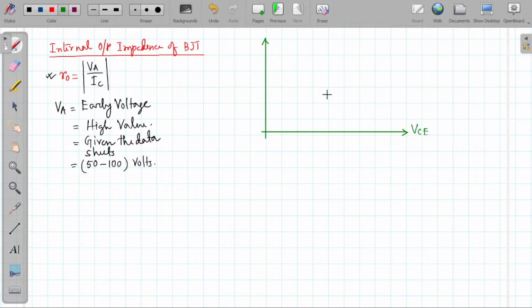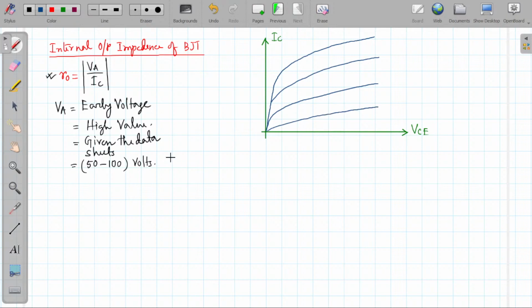It will be VCE versus the collector current. And if you remember the graph, it looks like this. Similarly, there will be a curve looking like this, and another curve looking like this.